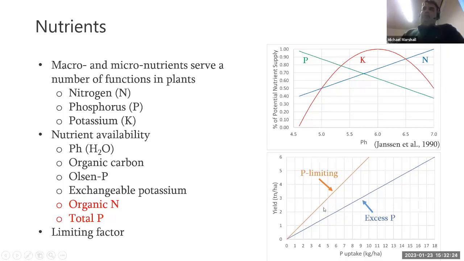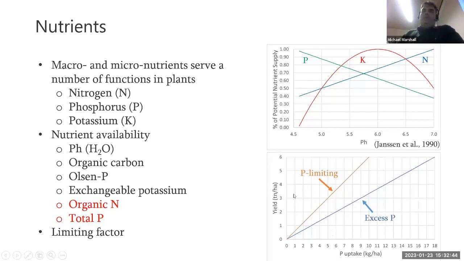Once you have this relationship, there's usually an additional step of accounting for the limiting factor, because these relationships would hold only if one nutrient wasn't limiting the other. And that's not the case. Usually one is limiting the other two, right?